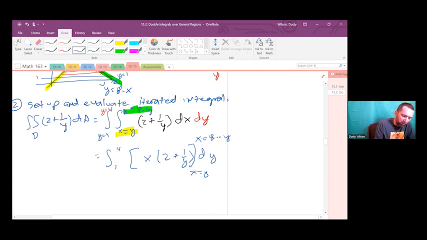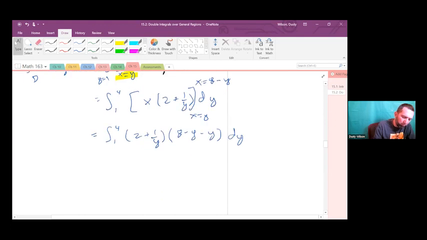So that would be the integral from 1 to 4 of 2 plus 1 over y, times 8 minus y, minus y, which is 8 minus 2y, dy.